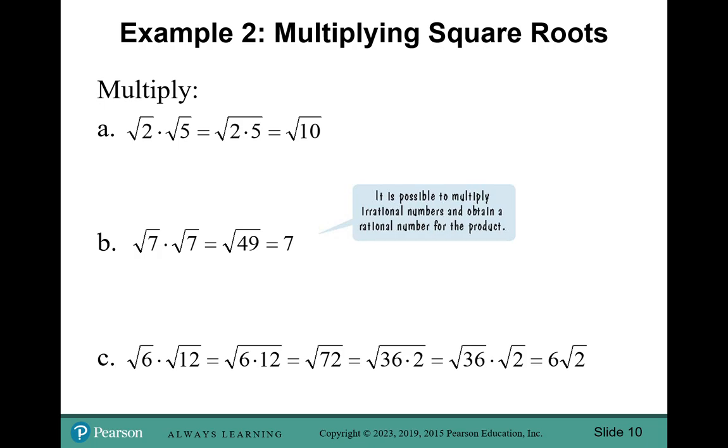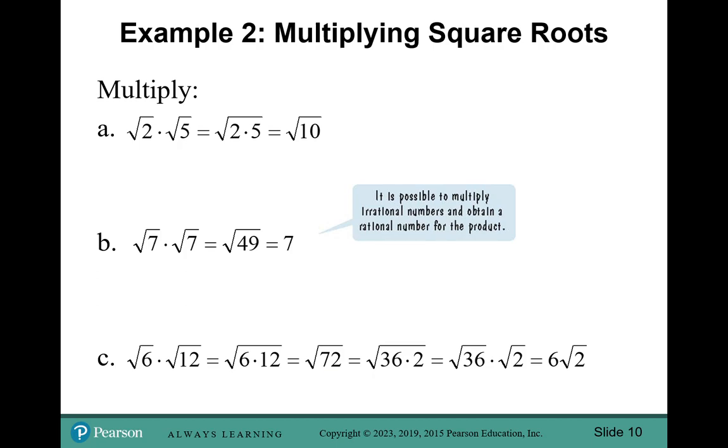If I look at c, the square root of 6 times the square root of 12, and I combine those, I'm looking at the square root of 6 times 12. 6 times 12 is 72. So I'm looking at overall the square root of 72.